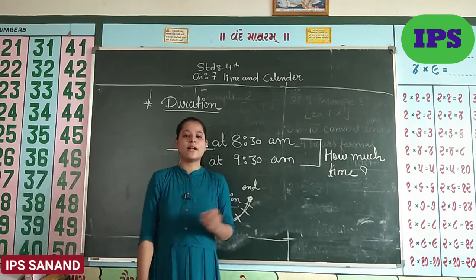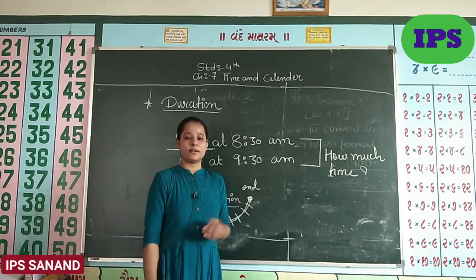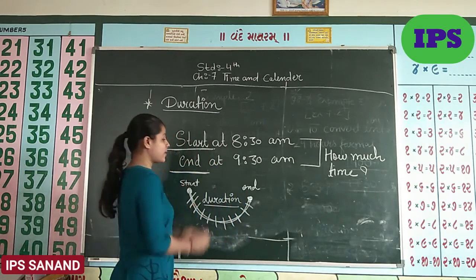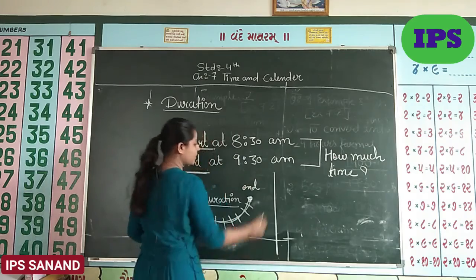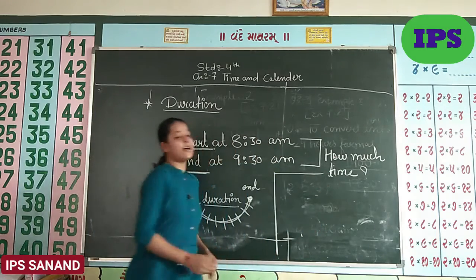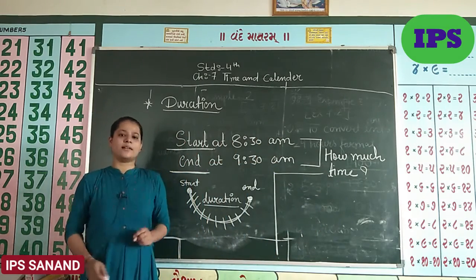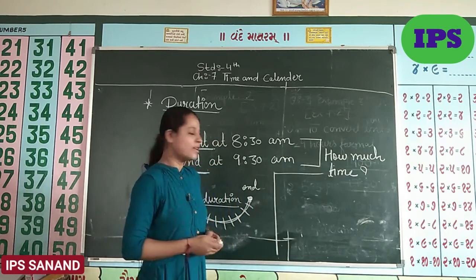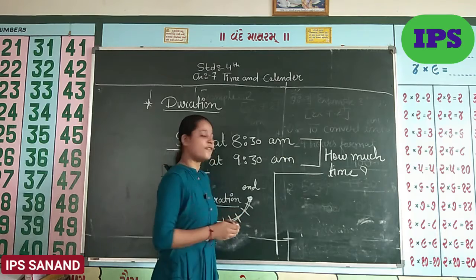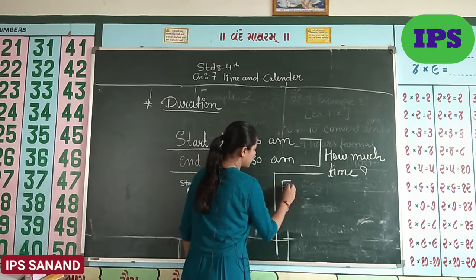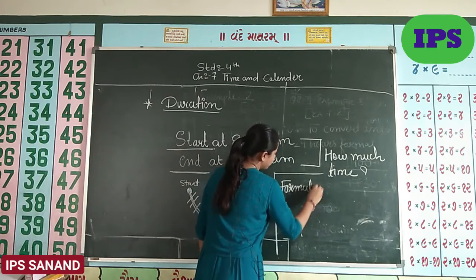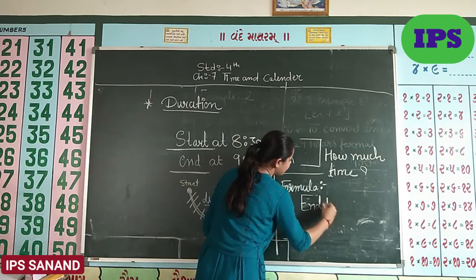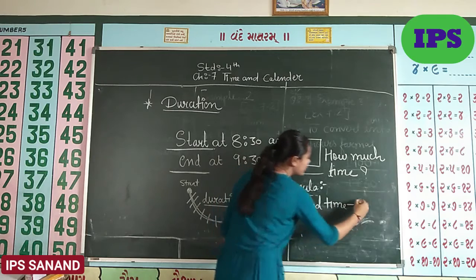So how to find the duration of the time? You can see our lecture is of 1 hour. Ma'am, how do you know that it is of 1 hour? So the formula for finding duration is end time minus starting time.